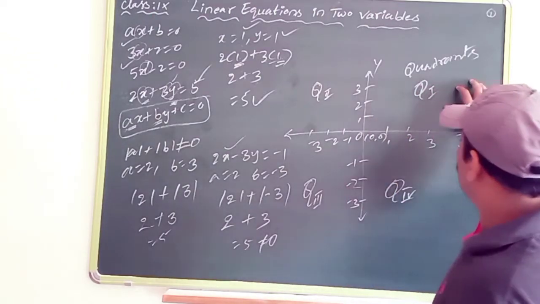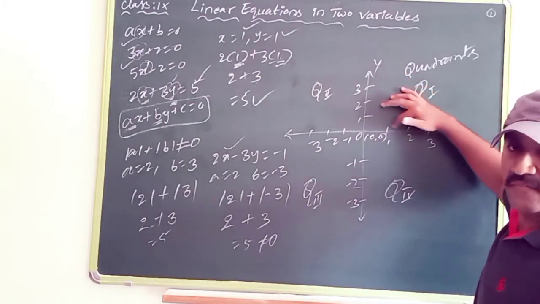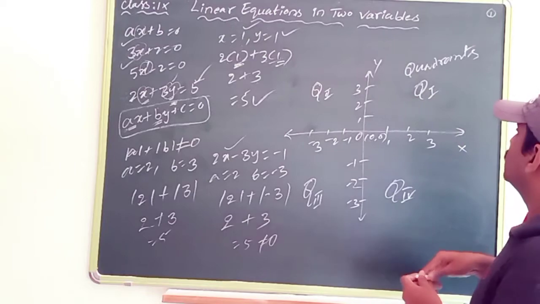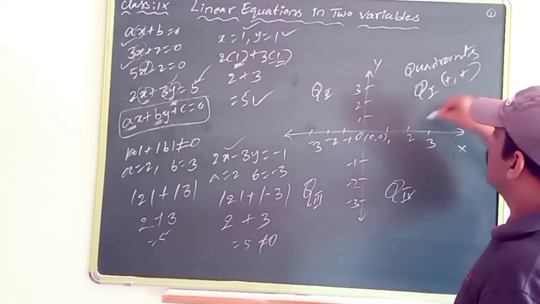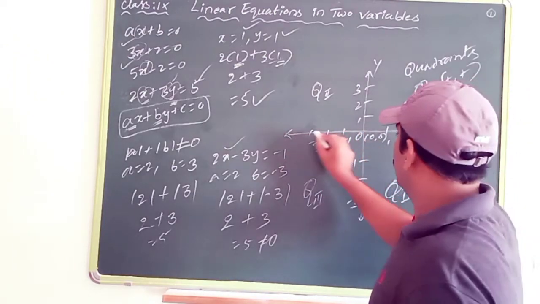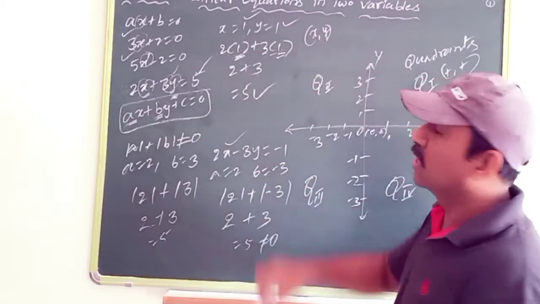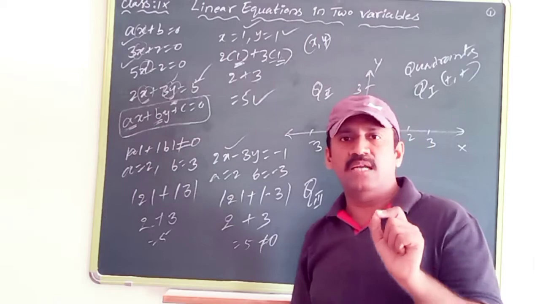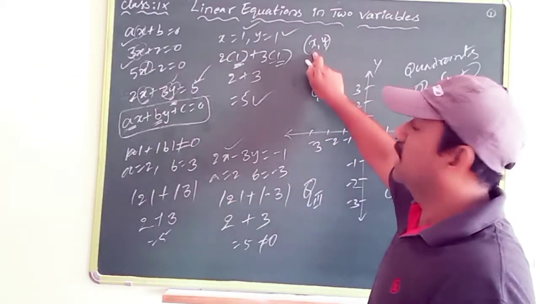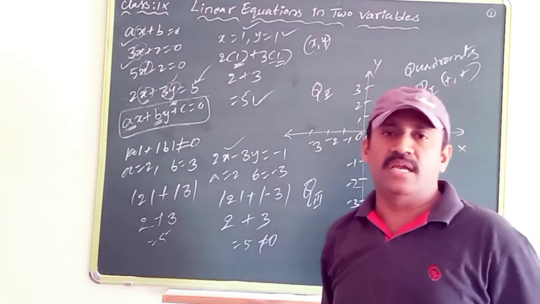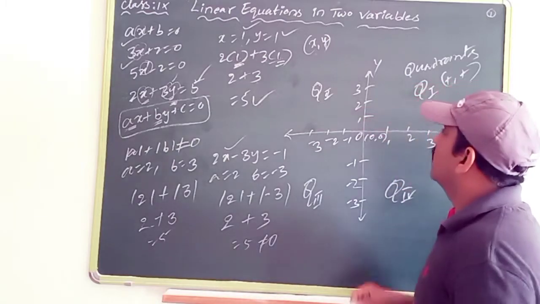In the first quadrant, both the x value and the y value are positive. Both are positive here. This is plus comma plus. And in the second quadrant, actually we can take a solution like x comma y. If you want to plot a point on the graph, first you select the x-axis and then you select the y-axis. So x comma y is a point we are taking.